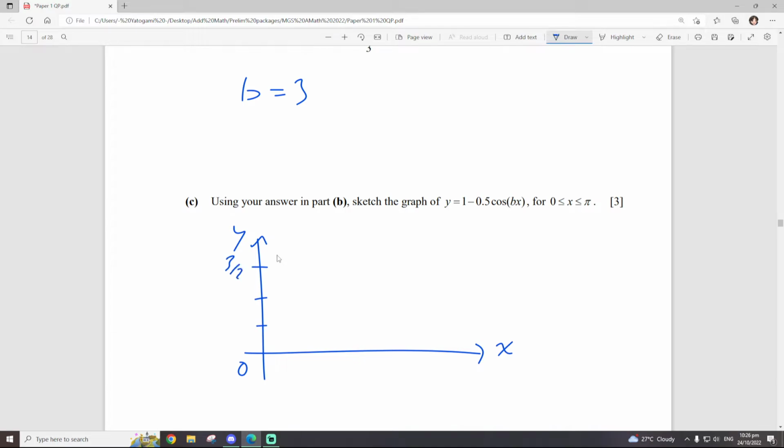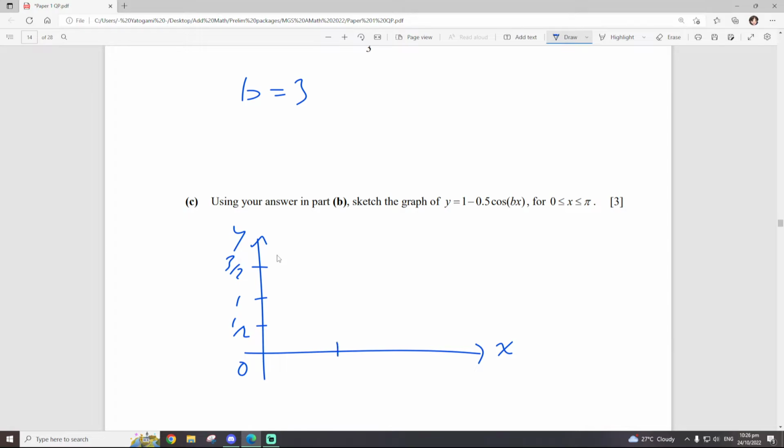So this is 3 over 2, 1, and 1 over 2. It will start at 1 over 2, then it will increase, and then decrease. It will attain its maximum value when the cosine is negative 1. So for cosine 3x to be negative 1, you need x equals, I think, pi over 3.